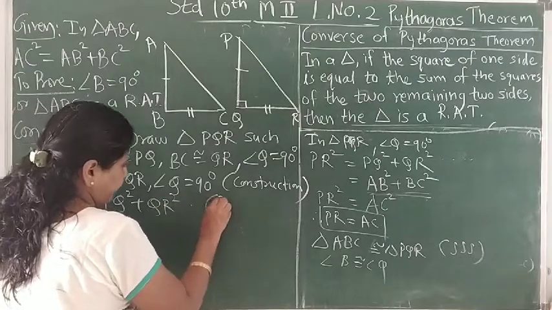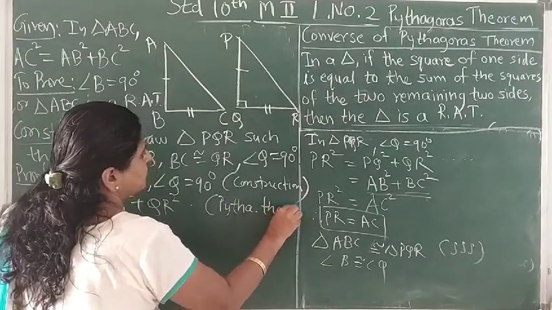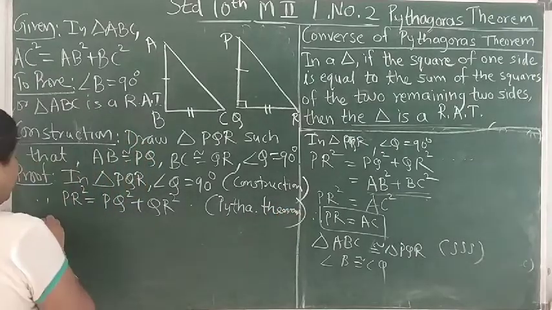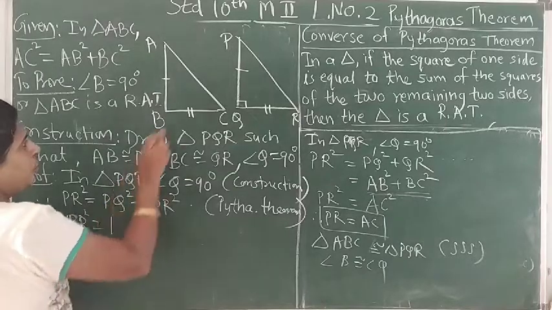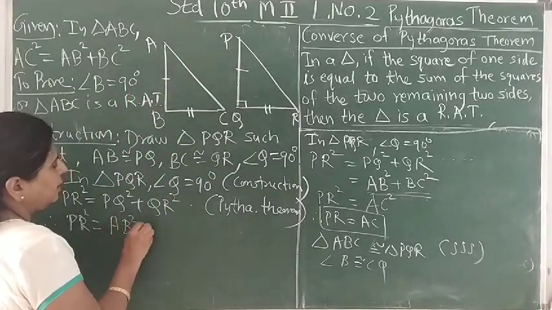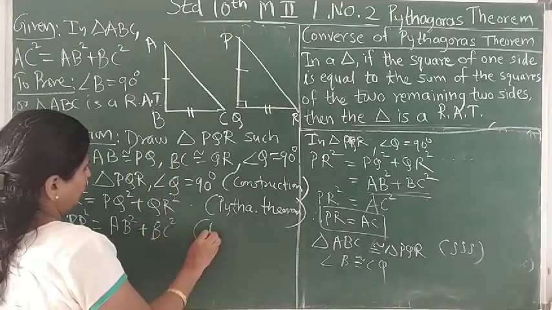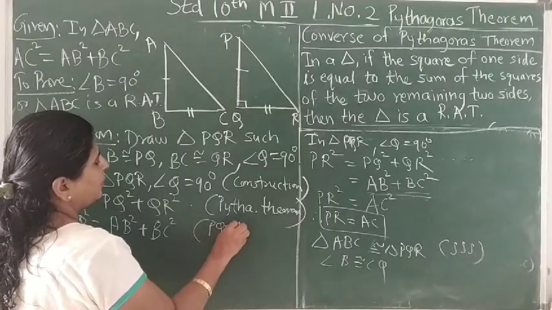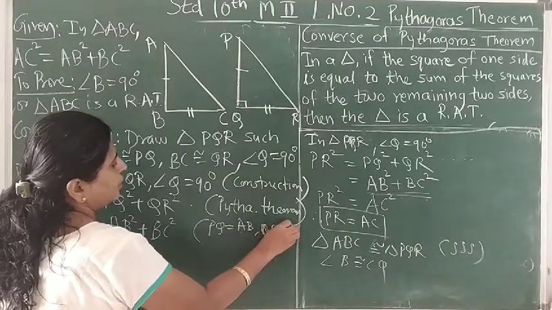The reason is Pythagoras theorem. Okay, therefore PR square is equal to, PQ is replaced by AB, so AB square, and QR is replaced by BC, that is BC square. You can say PQ is equal to AB and QR is equal to BC.